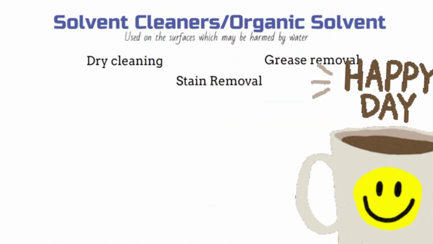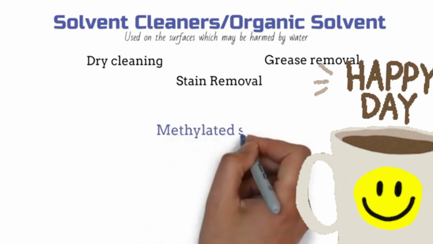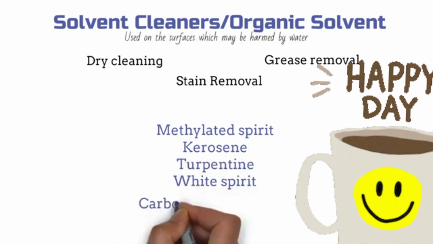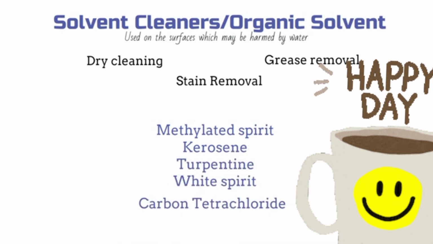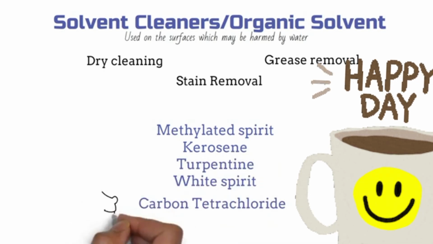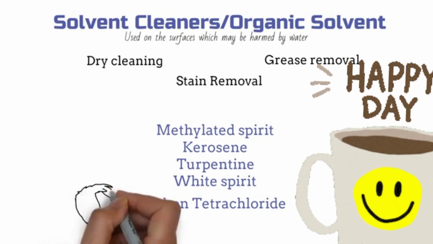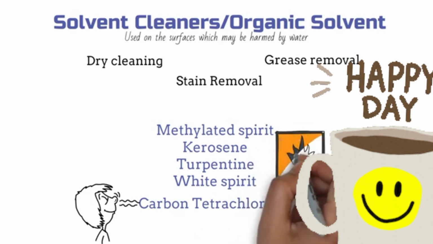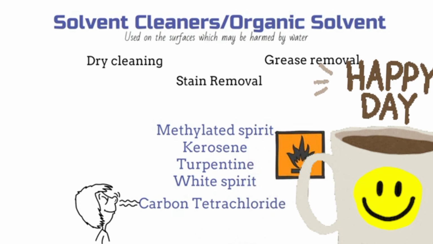Some examples of organic solvents are methylated spirit, kerosene, turpentine, white spirit, carbon tetrachloride, etc. Carbon tetrachloride is harmful if inhaled, and the rest are highly inflammable. So never use these in an enclosed environment.